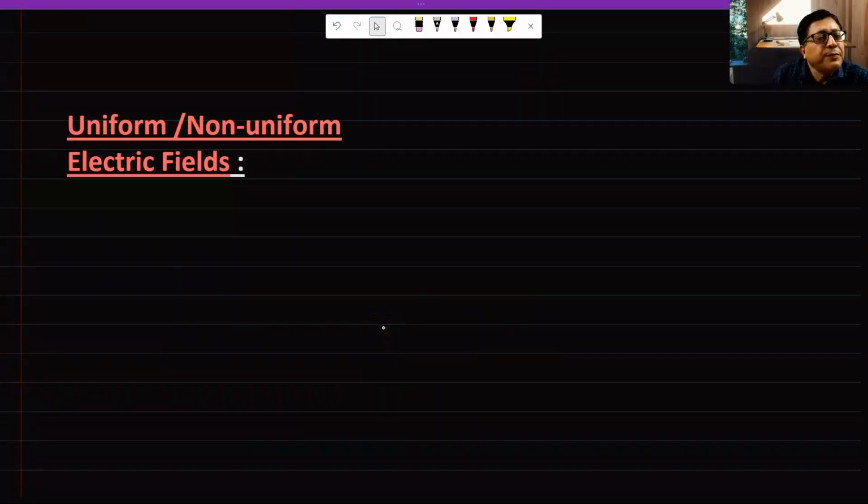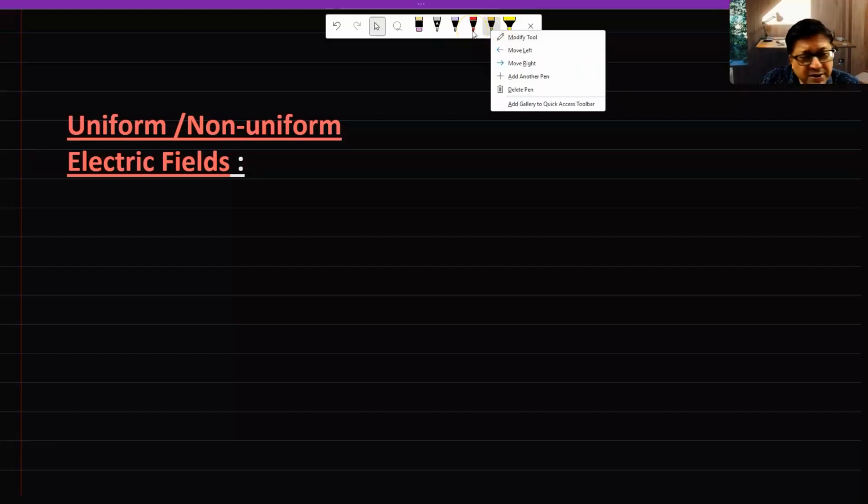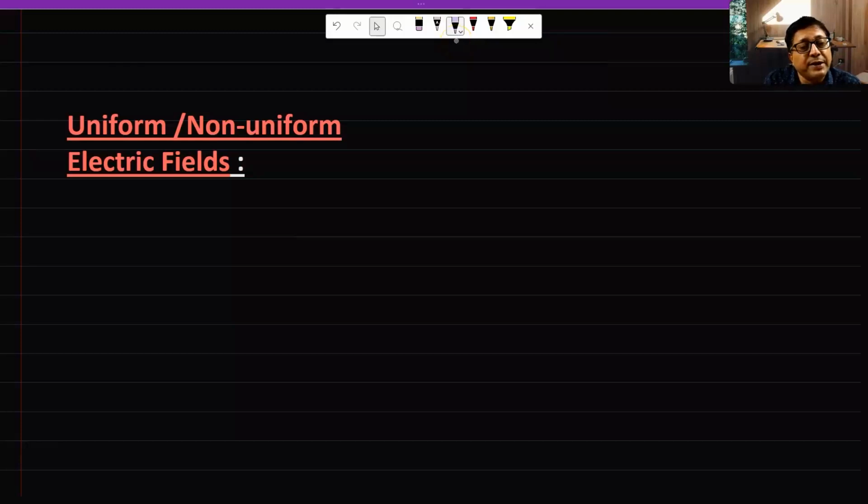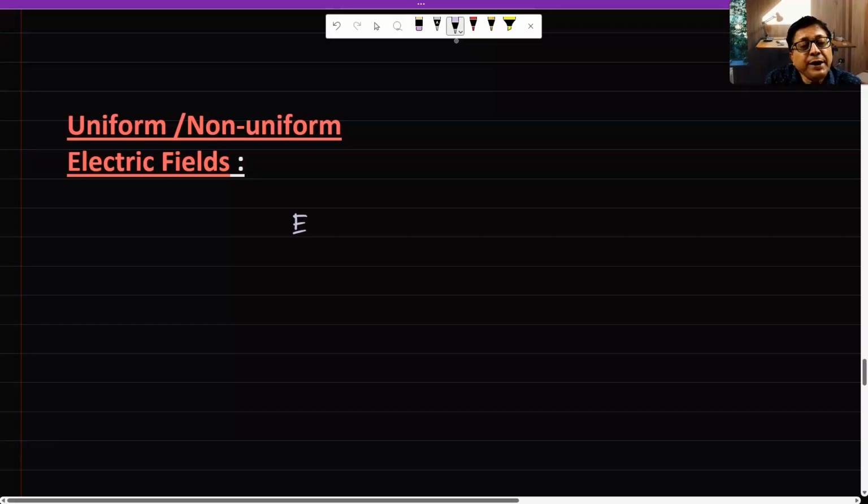Now, what are uniform and non-uniform electric fields? It is clear from the name only. A uniform electric field is one where the strength of the electric field remains the same. So E is equal to a constant.